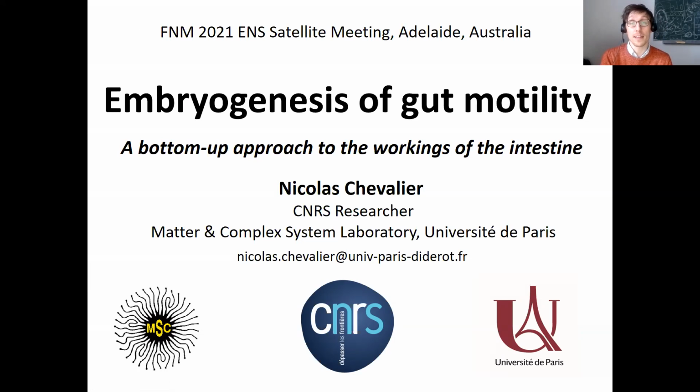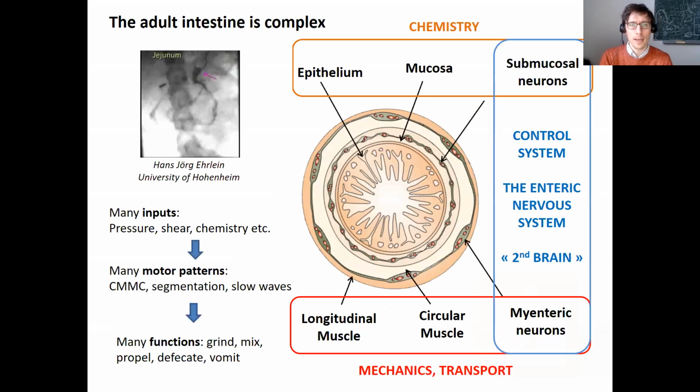I would like to thank the organizers, and we'll be talking about the embryogenesis of gut motility. As you all know, the gut is a complex system with many different cellular types, and motility will depend on many different inputs, both mechanical and chemical, giving rise to a variety of different motor patterns and many different functions.